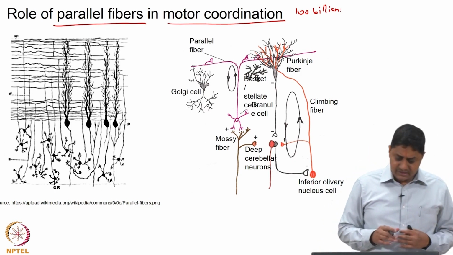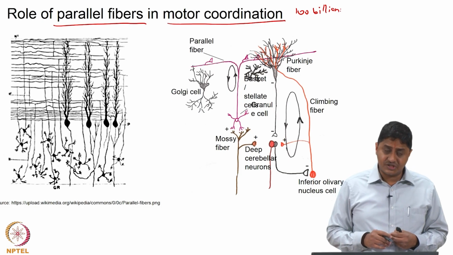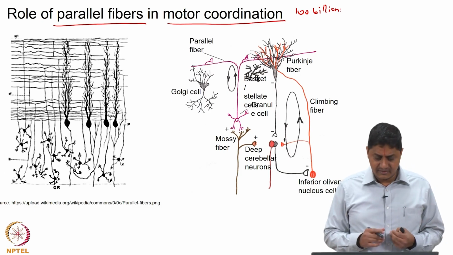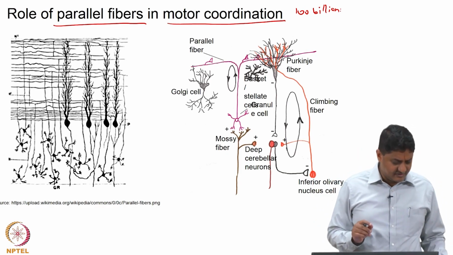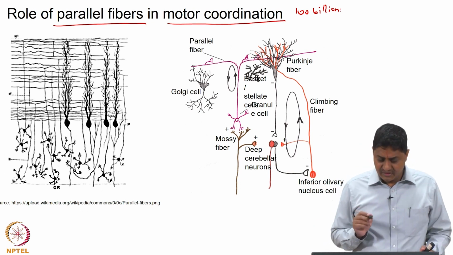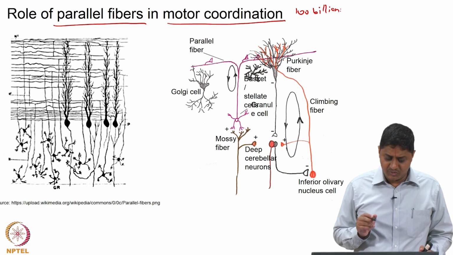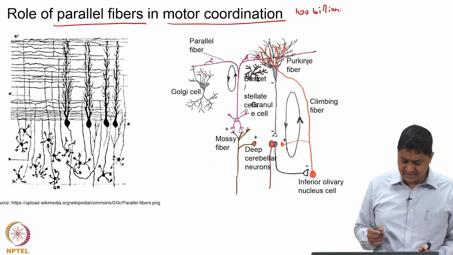It turns out that recording from Purkinje cells during activity in live behaving animals, and selectively perturbing the system by cooling, has taught us a few lessons about the possible role of these systems.